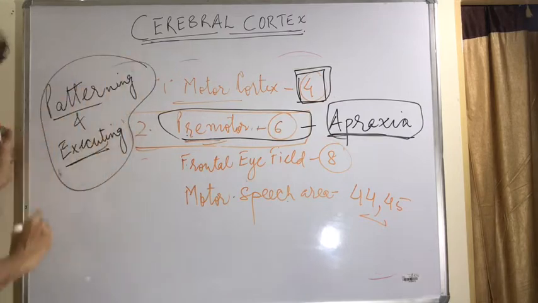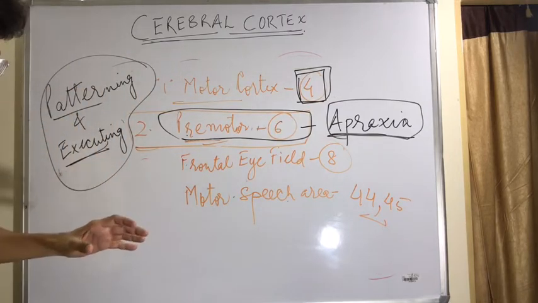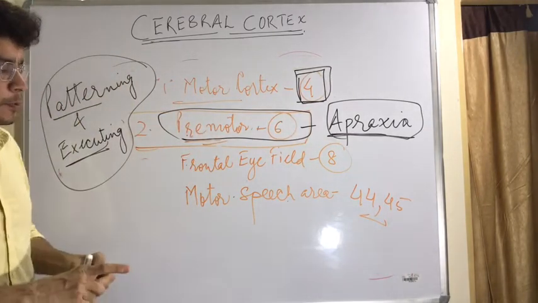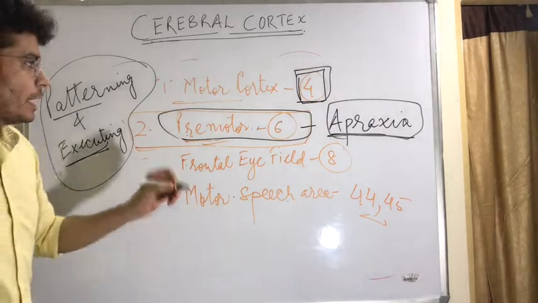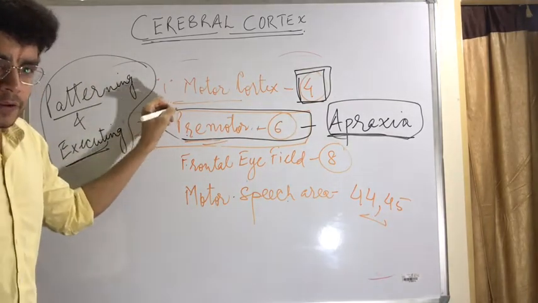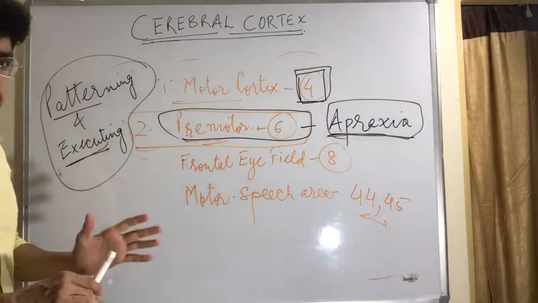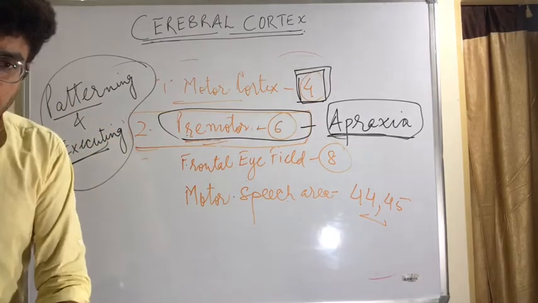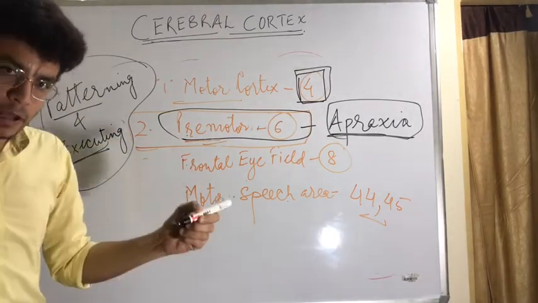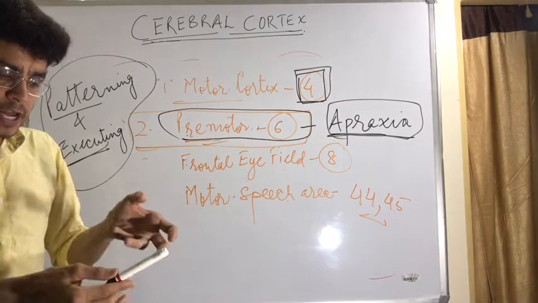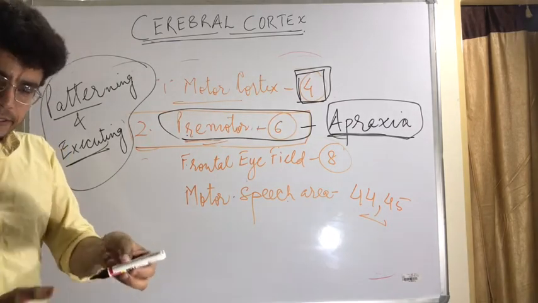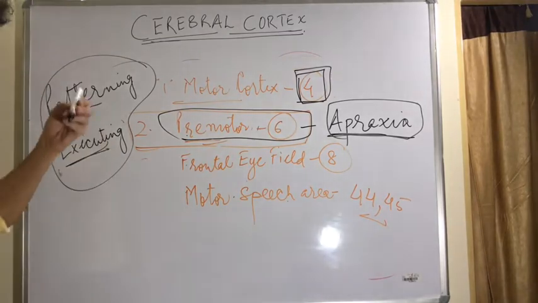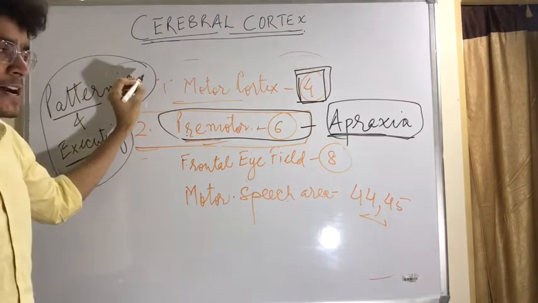What does it mean? Suppose the left upper arm is supposed to pick the pen from the table and write something over here. This entire movement should have a pattern. First I have to move my arm toward the table to pick the pen up, and while picking it up I have to contract my hand muscles, then flex my forearm towards my trunk, then move it away towards the board, and then write down the things.